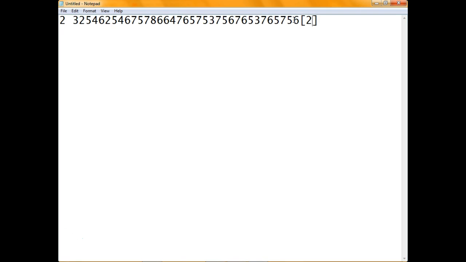Like 50, the second digit is not divisible by 3, but the whole number is still divisible by 3, so it doesn't really matter.